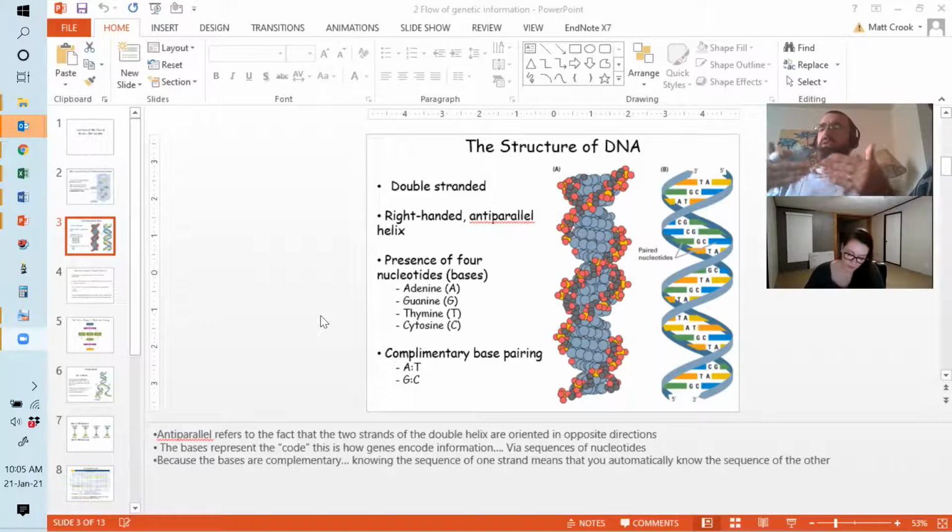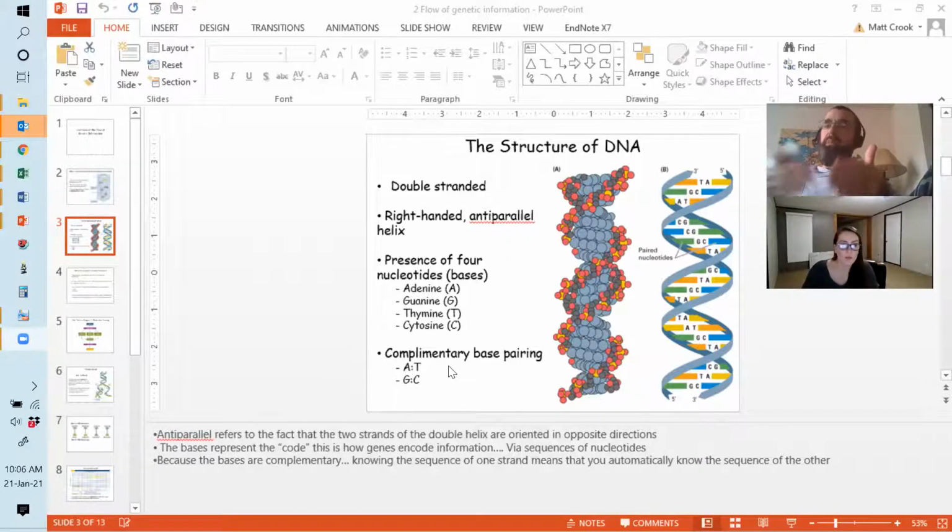If those were covalent bonds, it would take a huge amount of energy to break those bonds apart and then reform them. Whereas my favorite analogy for DNA is a zipper. It holds together pretty robustly, but you can open it up at will, whenever you need to.